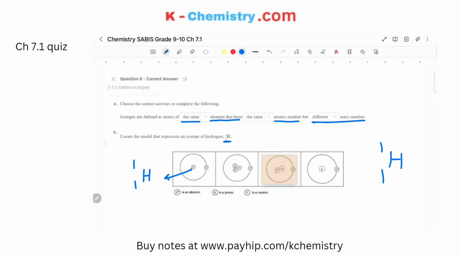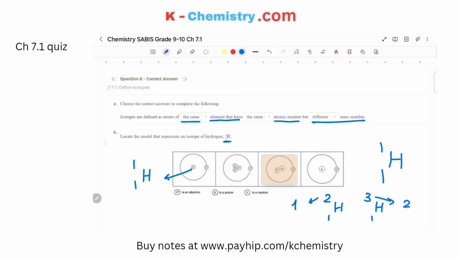But he is not looking for this one. He is looking for the brothers of this one, which have either 1 neutron or 2 neutrons. He is looking for either 1 and 2 or 1 and 3. This one has 1 neutron in addition to the proton, and this one has 2 neutrons.